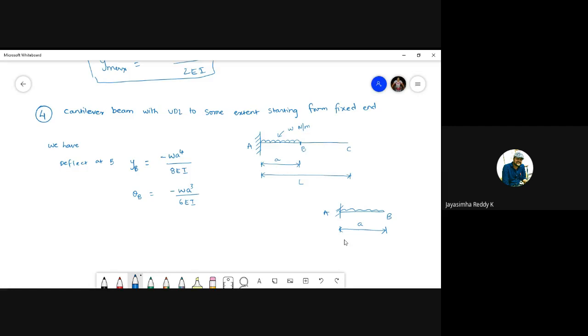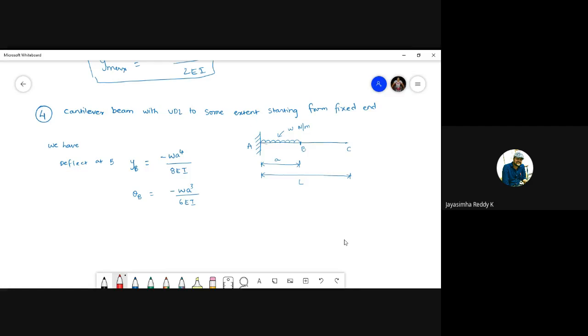So we have got the deflection at B. Now we would like to find the deflection at C. If you see the elastic curve of this deflection, I'll mark it with a red pen.